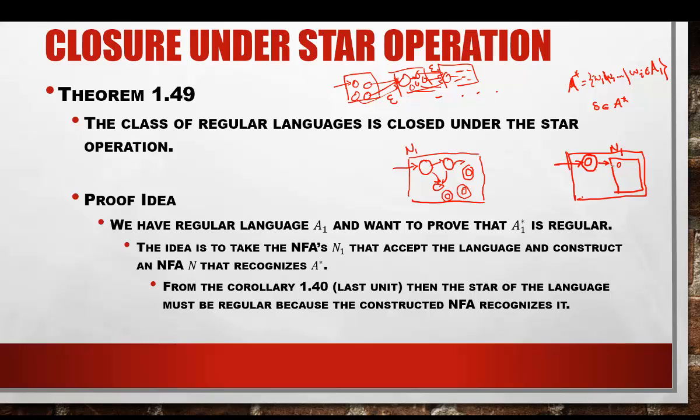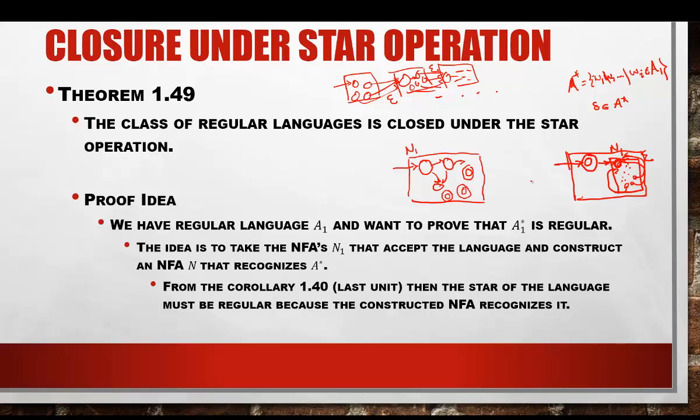And so this N sub 1 has a start state, it goes in here, and then it has a bunch of intermediate states and a bunch of accept states. Then I'll make those accept states move back to the start state with epsilon transitions, effectively concatenating it with itself in any number of ways.